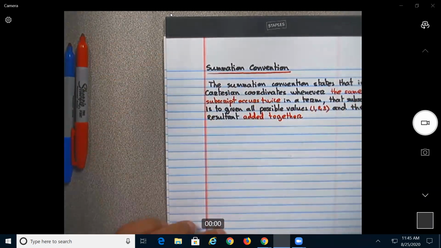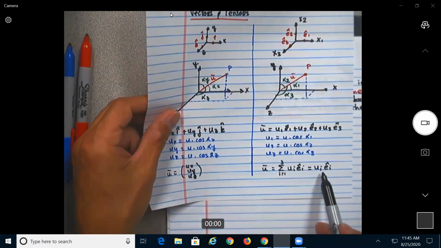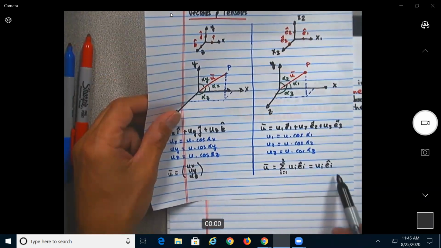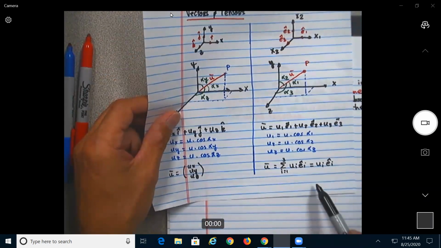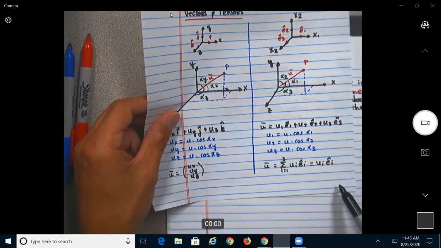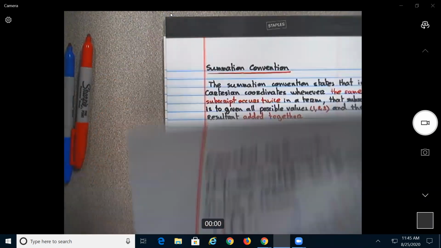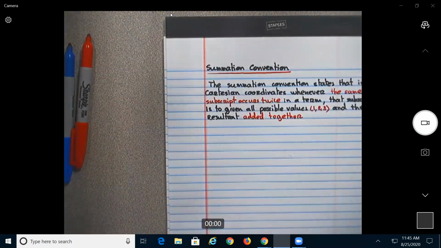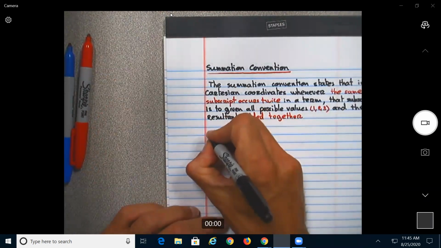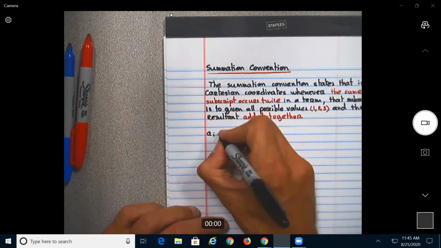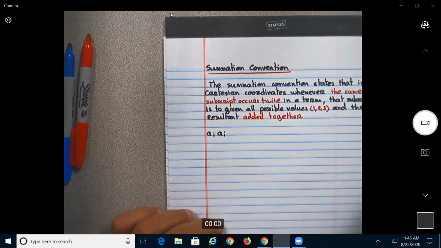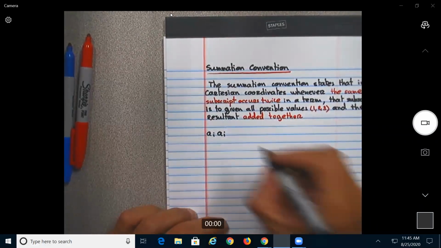So basically, if you look at it, it is what we did before, okay? I'm going to give more examples, but this will be what? u1 e1, u2 e2, u3 e3. Repeated, you need to give all possible values, and then you add them together, okay? And we get the same. All right, but let's say we have here a sub i a sub i. What would that be?